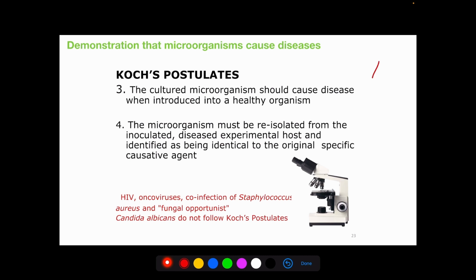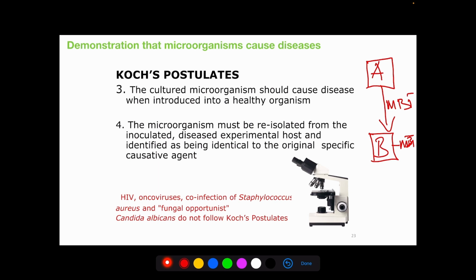And so it was A who was having the tuberculosis. When we introduce this microorganism, the Mycobacterium tuberculosis, into B, we expect to find Mycobacterium tuberculosis in B as well. And so B should fall sick with this microorganism.